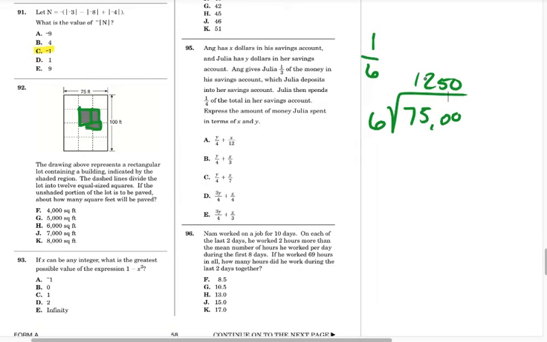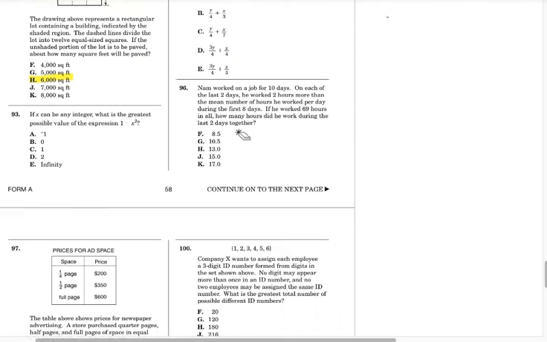Multiply that times 5. We end up with 6250, which is closest to H, 6,000. Okay, about how many, right? So it's not exact.